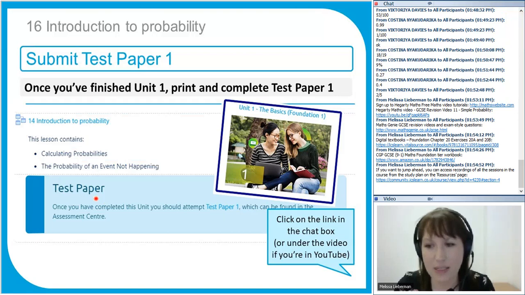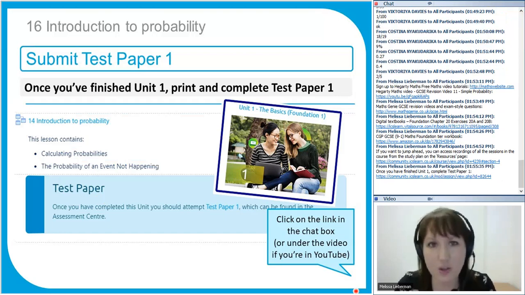time to work through the Unit 1 test paper. That will give you the chance to get some feedback from your tutor and see how you're getting on with the course. You don't have to do it, but it's a good idea if you do. What you do is you print it out, fill it in pen, and then I would download a scan app. Something like Adobe Scan is very good.